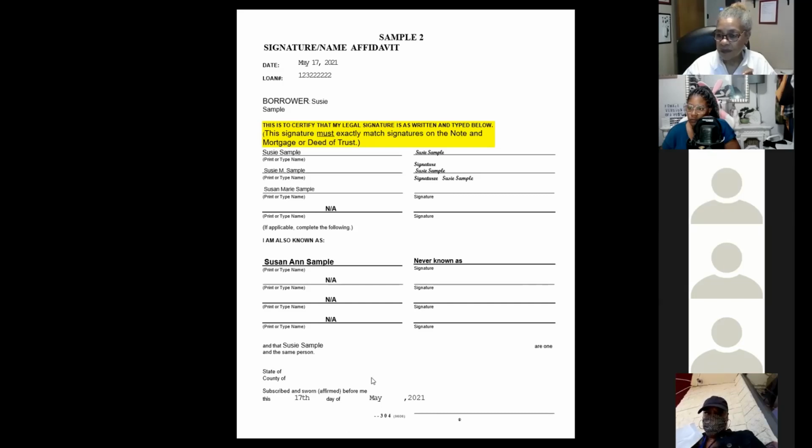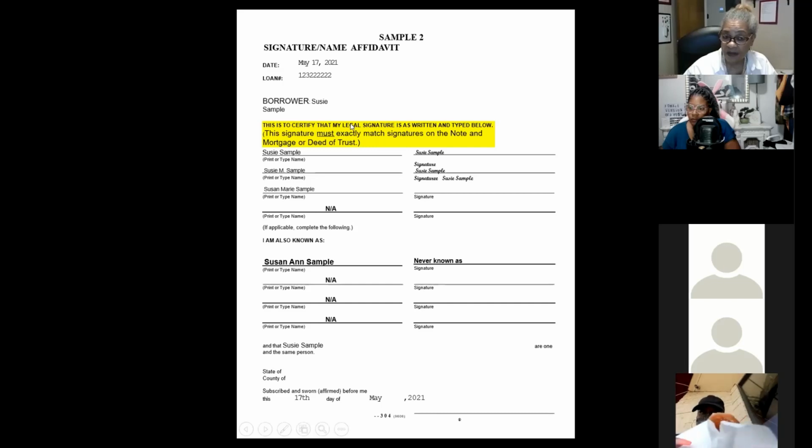I do, Liz. This is Phyllis. Hey, Phyllis. So what you're saying is that what you have highlighted in the yellow will trump what is actually typed down below. That's the only time that they will sign differently from the way it's typed. Well, you're going to follow the instructions. And yes, in one case, you're going to sign. In this case, it doesn't matter how it's written, like Susie M. Sample.